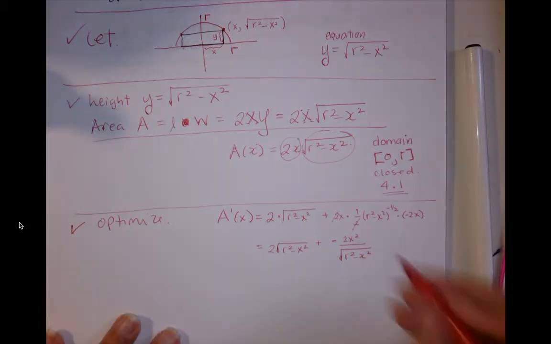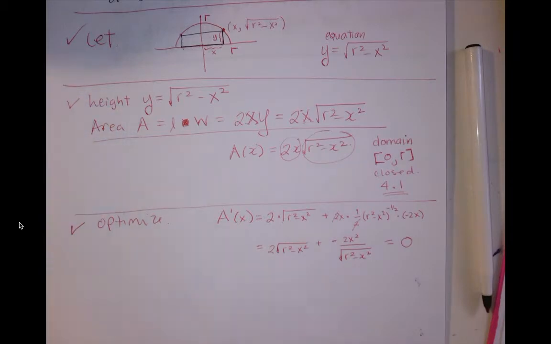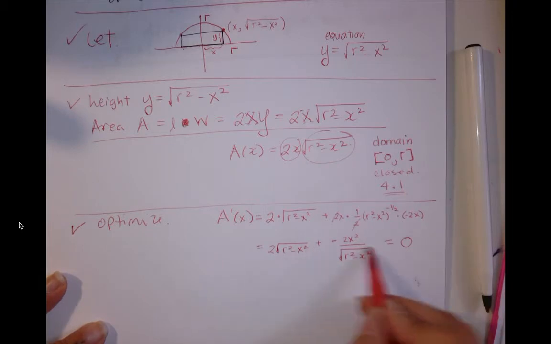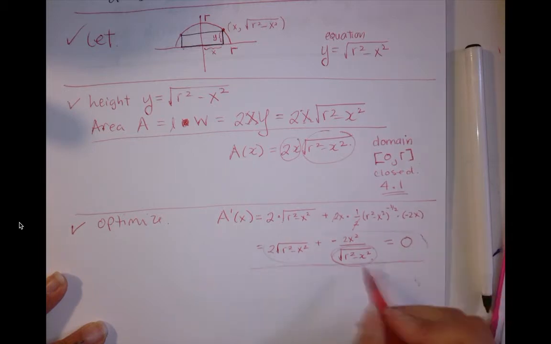Now I need to figure out where this is either undefined, which is clearly at x equal to r, or where it's equal to 0. So I'm going to try to clear out this fraction by multiplying both sides of this equation by the denominator.